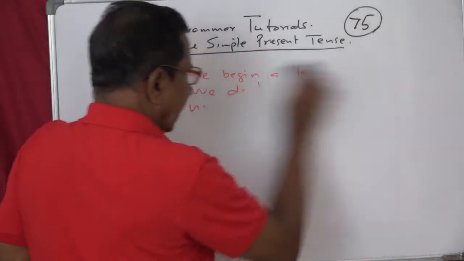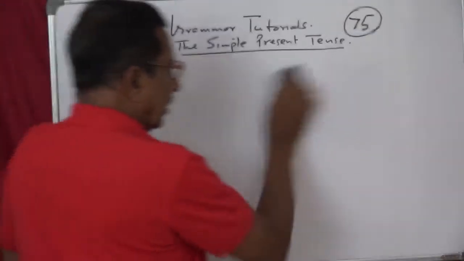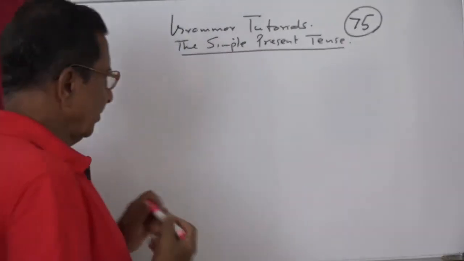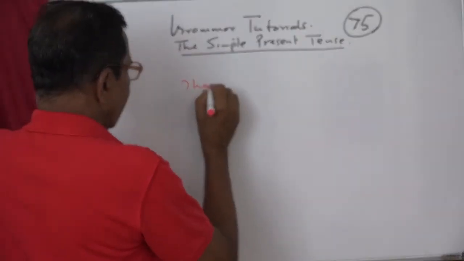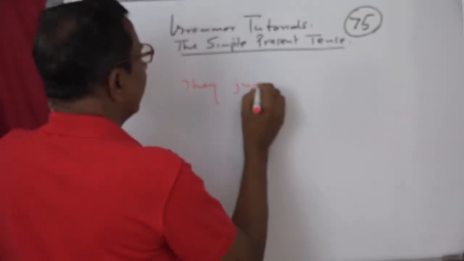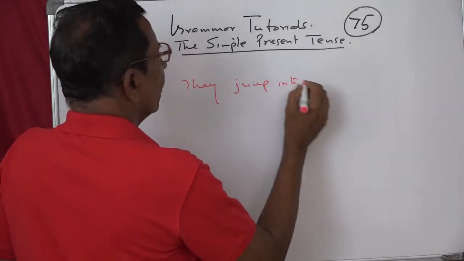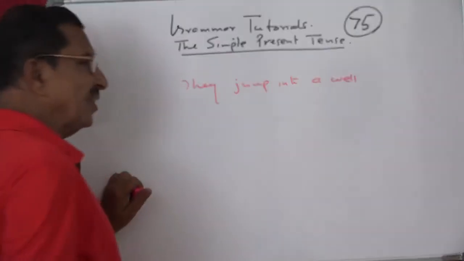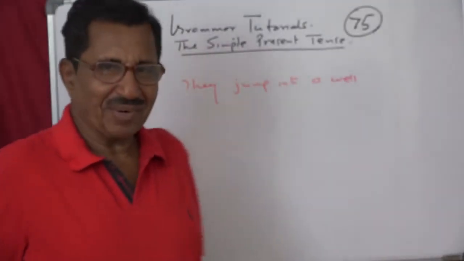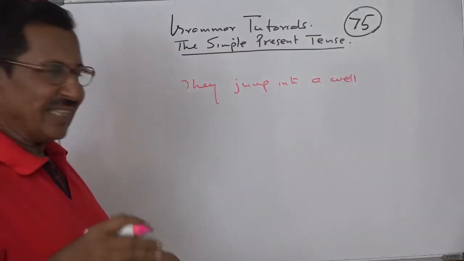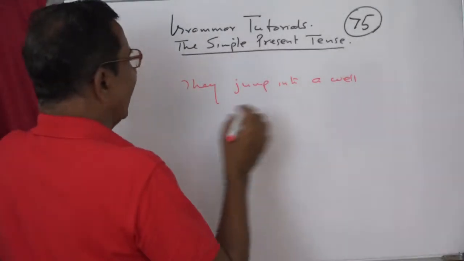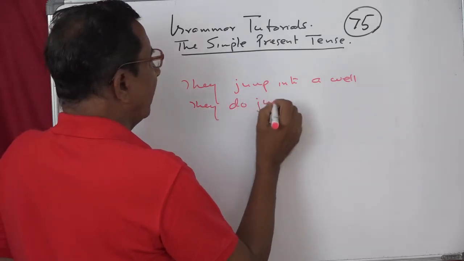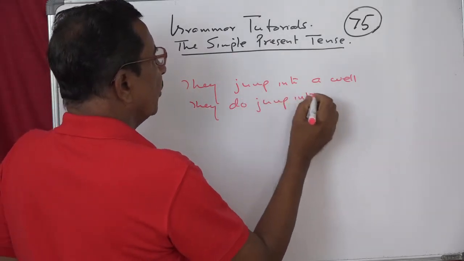And let's say they, another one, third person plural. They jump into a well for playing. It is a very shallow well. And they do jump into a well.